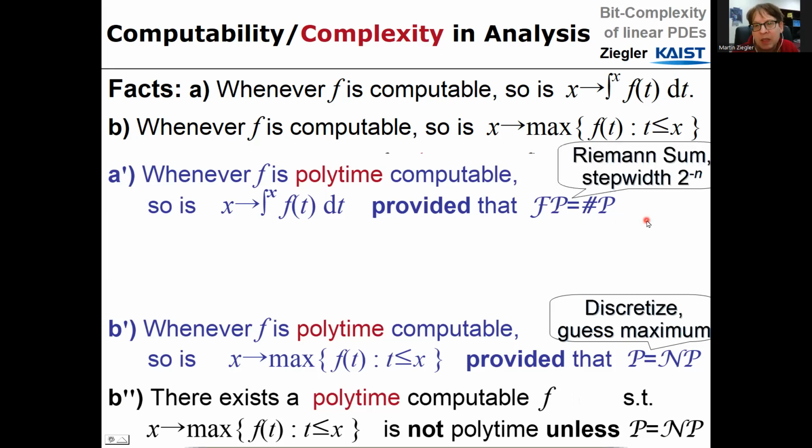And here the proof is basically taking Riemann sums, and the step width must be exponentially small in order to guarantee the resulting output approximation.